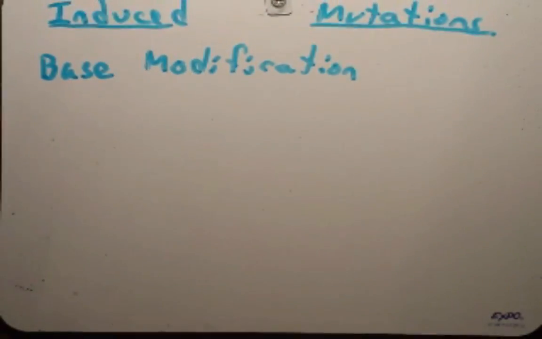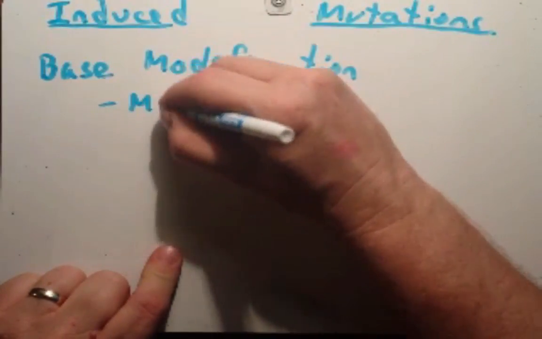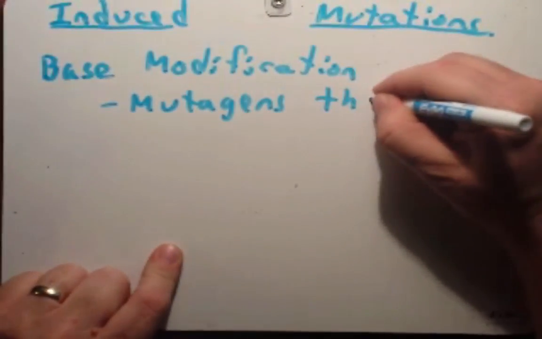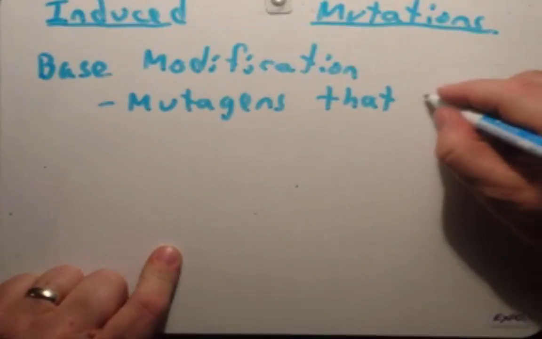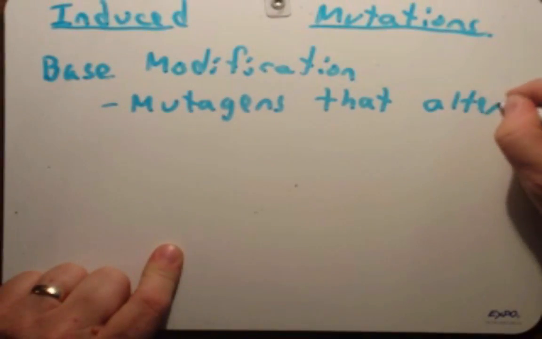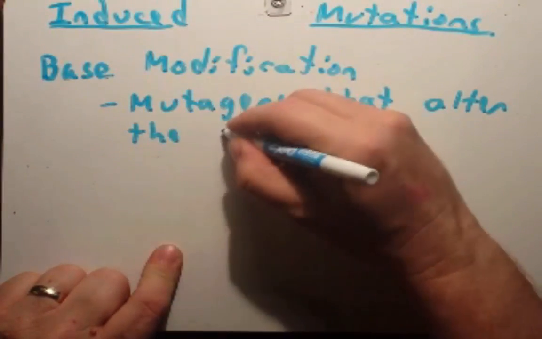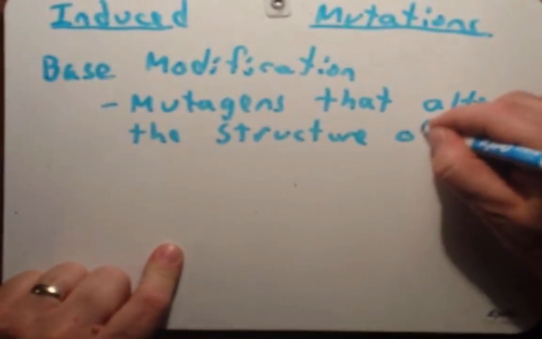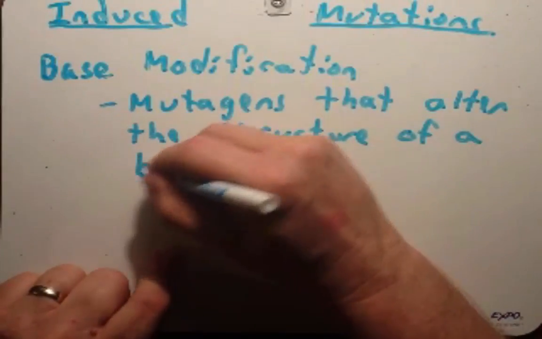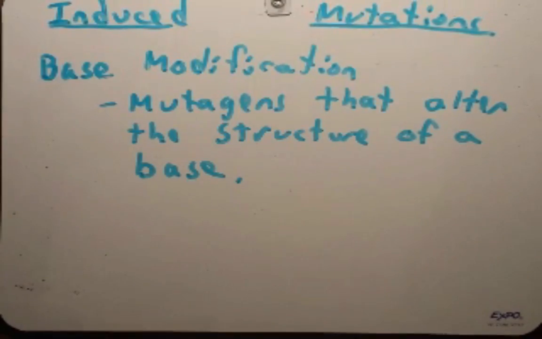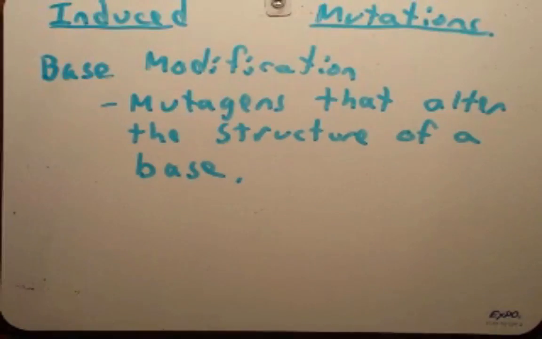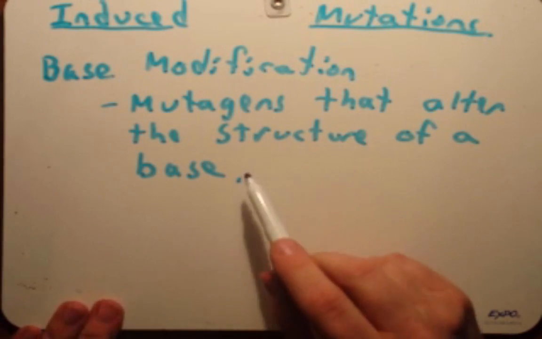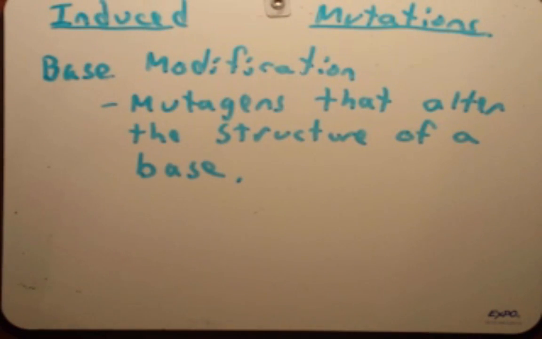Base modification. These are going to be agents, these are mutagens, that alter the structure of a base. Similarly, when we talked about depurination and deamination, the difference here is though that this is caused by an outside agent.